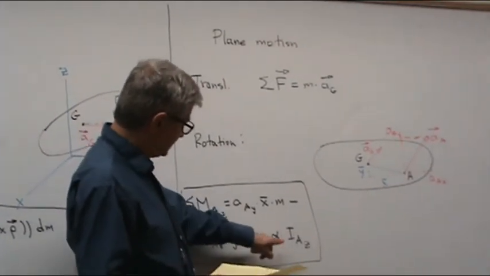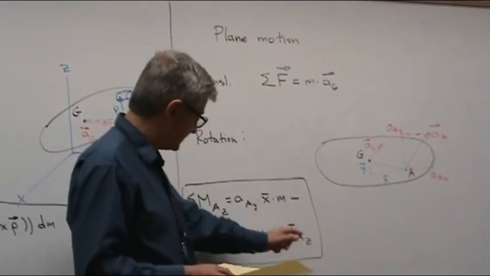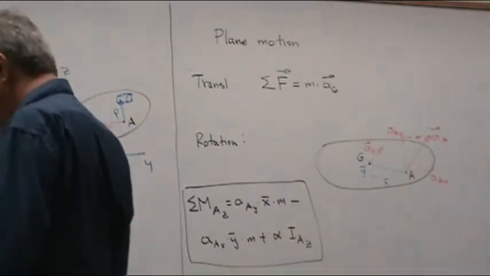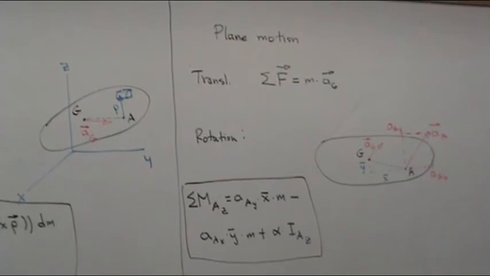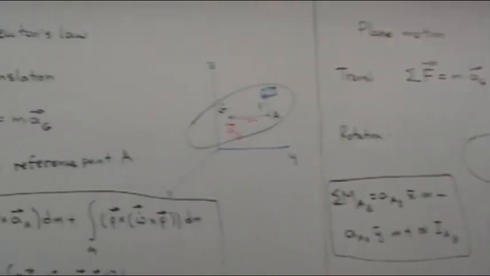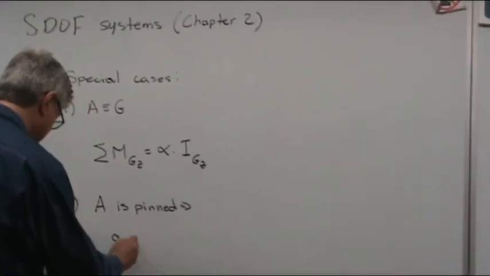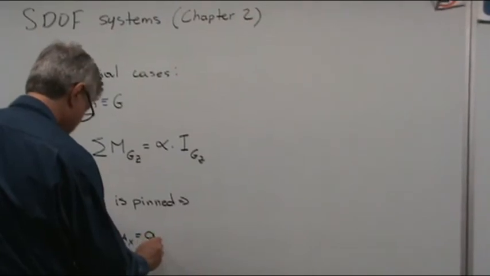So again, the sum of the moments is equal to the angular acceleration times the moment of inertia about the reference point. So in this special case, you don't have linear acceleration of that reference point.